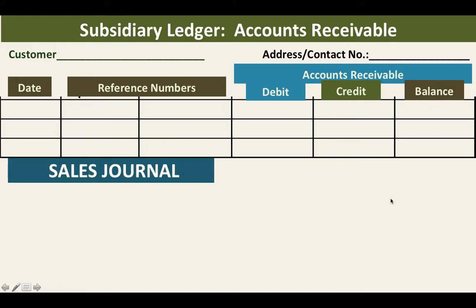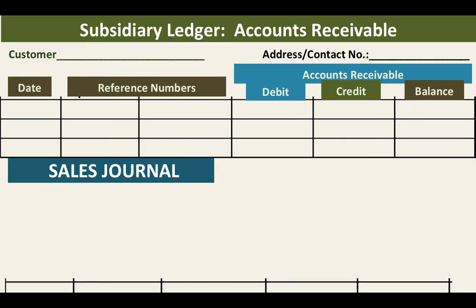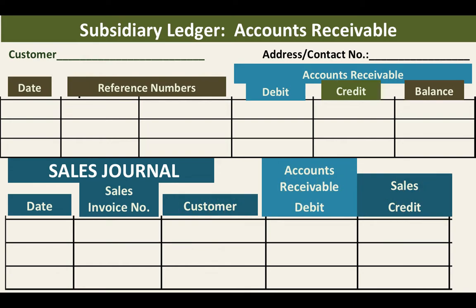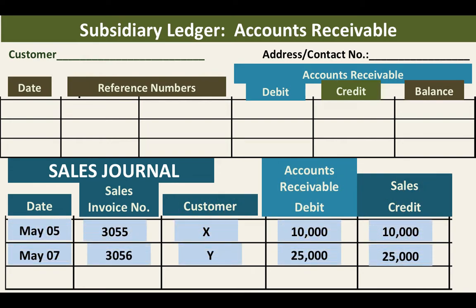So now, as I have said, we are using the sales journal, the special journal. In this case, for accounts receivable, we will be using the sales journal. And ito yung ating mga entries sa ating sales journal.